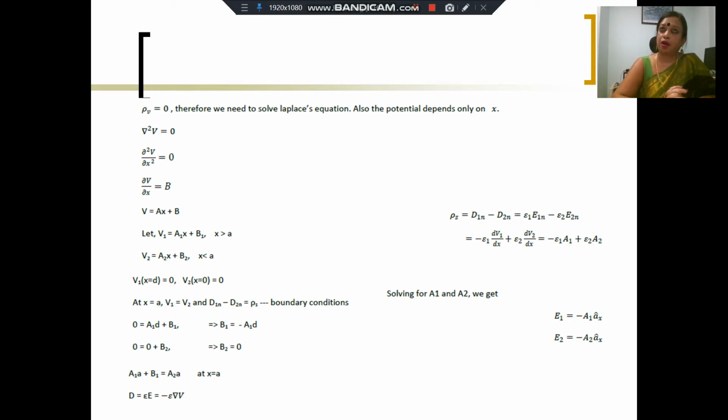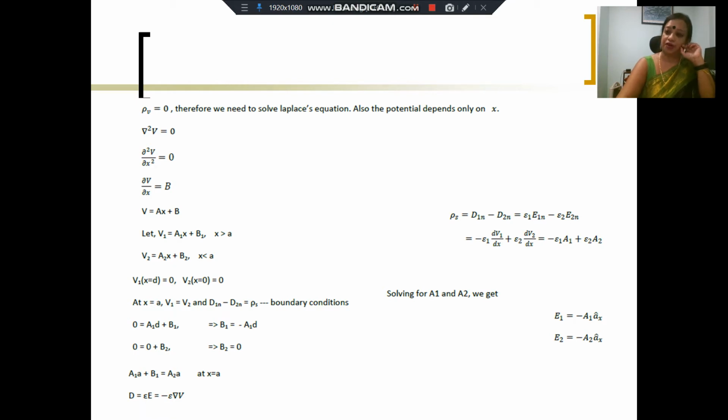Potential depends only on x because it has symmetry in the y direction, and so this reduces to a one-dimensional problem. So del square V equal to 0 is Laplace's equation. In one dimension, that is d square V by dx square equal to 0. Integrating, I get dV/dx is equal to a. Integrated again, we get V is equal to ax plus b. Now, a and b are constants which need to be determined.